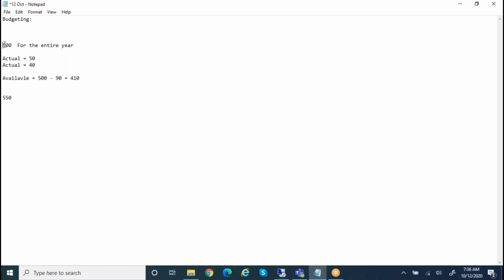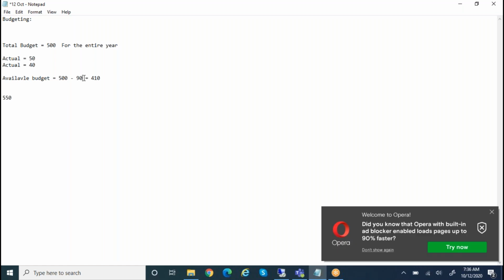This is total budget. So available budget is equal to total budget minus total actual. It will keep on calculating. Understood? The system is automatically calculating that available budget. Agree with me?